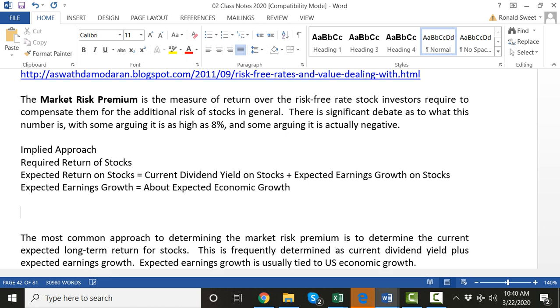So the question is, does the required return on stocks equal the expected return on stocks? This might be in the notes later, but I'll put it here because it fits here very, very well. And the answer to that is theoretically always.